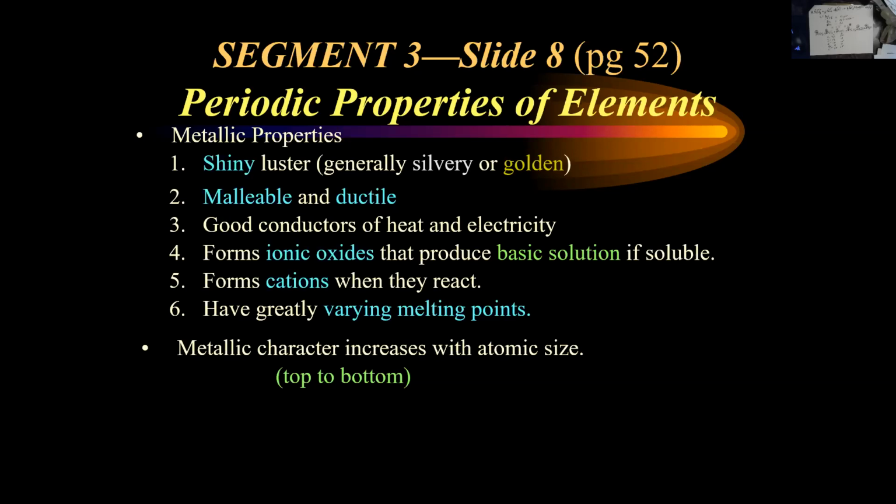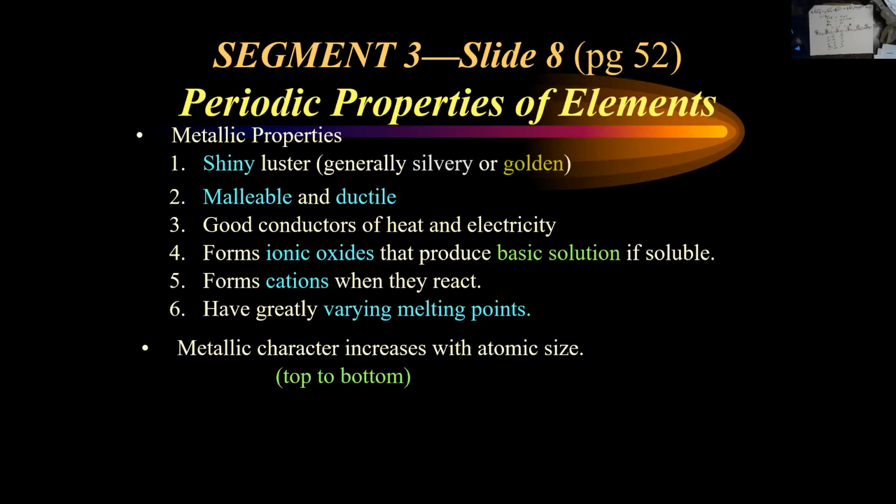You may know that tin is, although what we call tin cans that we put food in is not really made of tin. They're made of steel with a thin coating, used to be with a thin coating of tin. These days, they're apt to be coated with some type of polymeric material. But anyhow, looking at the carbon family, carbon at the top, tin at the bottom, obviously metallic properties increase going from top to bottom.